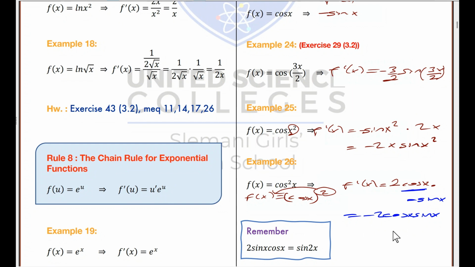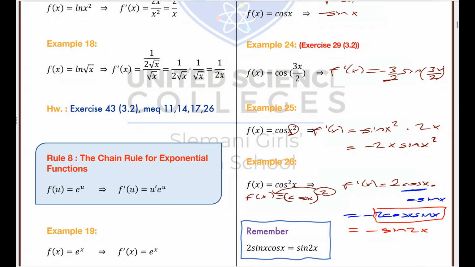We may rewrite this result by using one of the trigonometric identities. 2 cosine times sine is one of the identities that you studied in grade 11 or grade 10. It is sine 2x. Okay, so those two are equivalent.